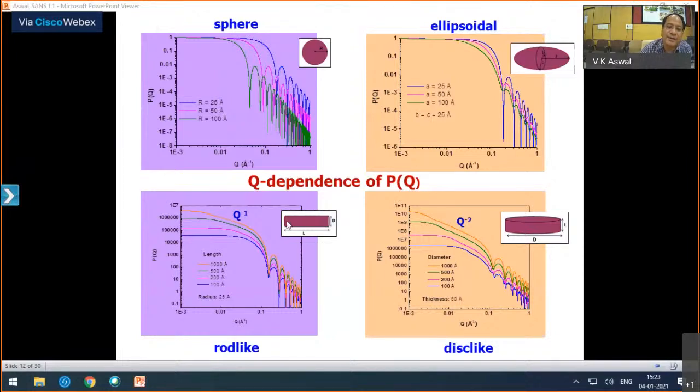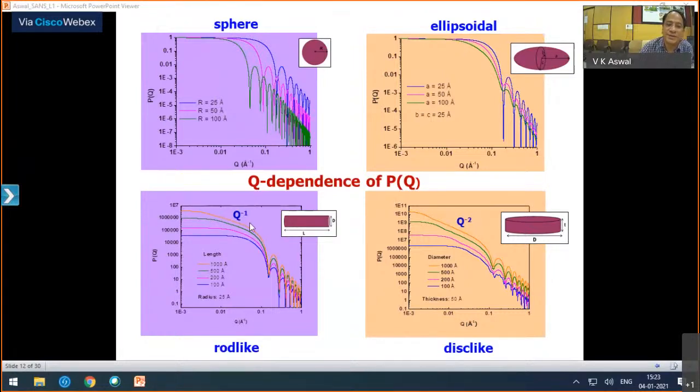And when you have a rod-like particle, particularly in the intermediate Q range, which is decided by the diameter and the length of the particle, you will get a particular scaling behavior. In the rod-like case, in the intermediate Q range, your scattering will go as q to the power minus 1.